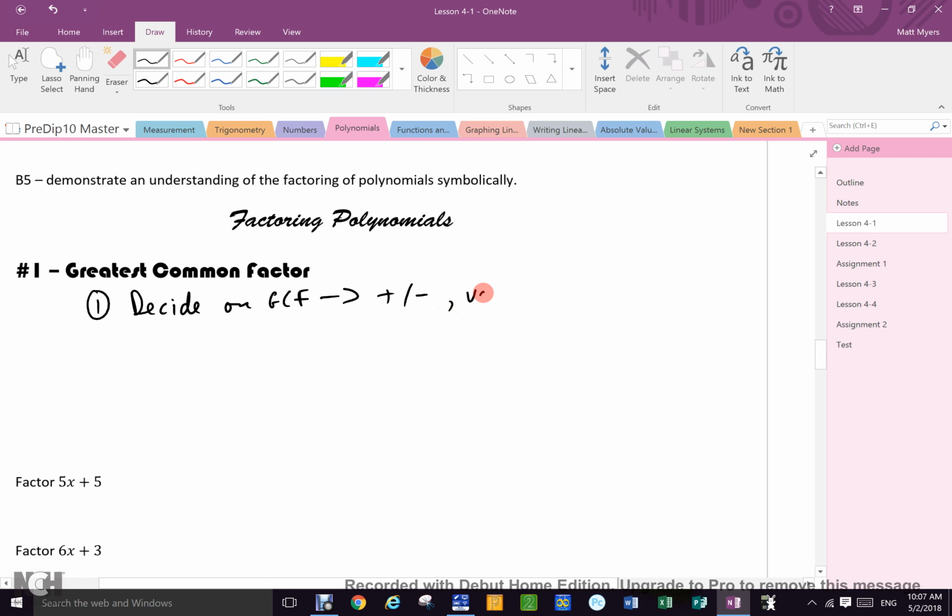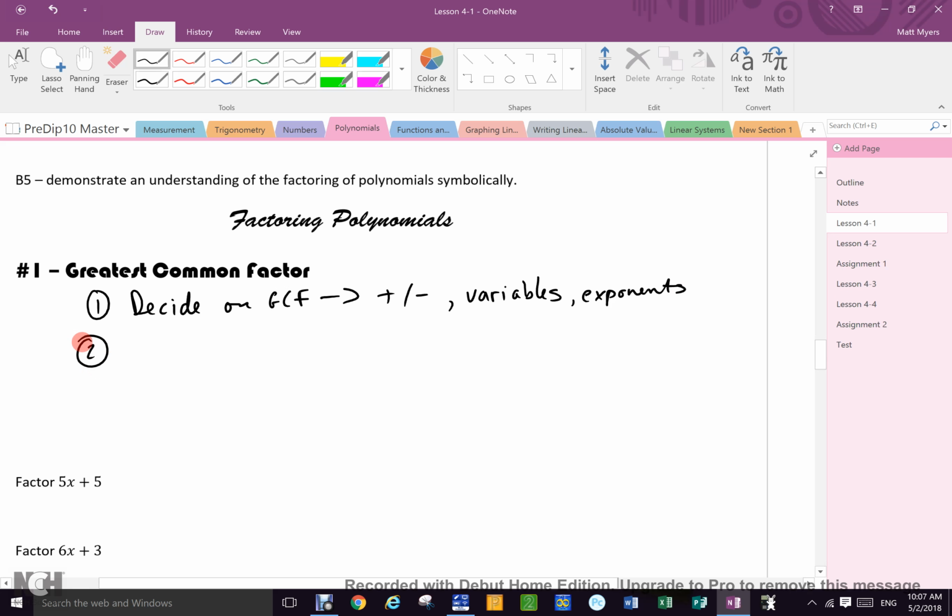Right. The other thing, you've got to check variables and exponents. So those are the pitfalls that are going to get in your way. Make sure you check all of them. It's not just numbers.